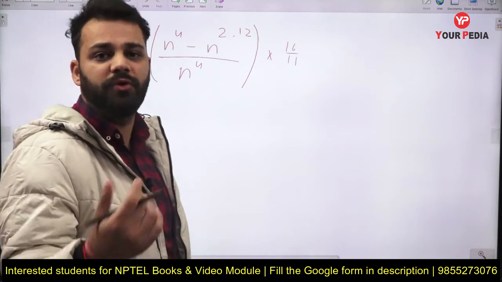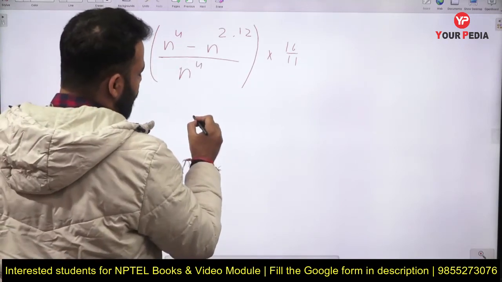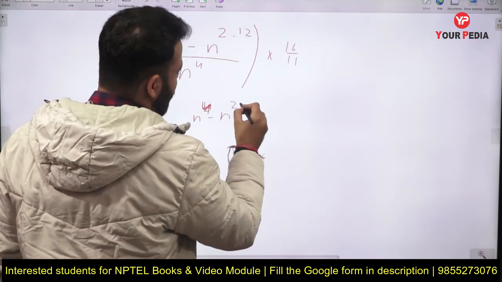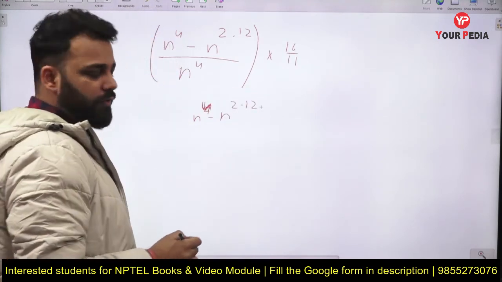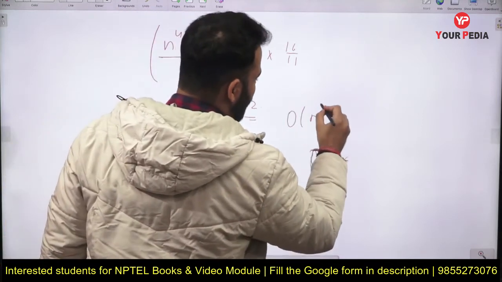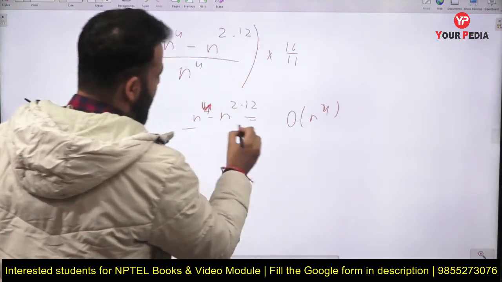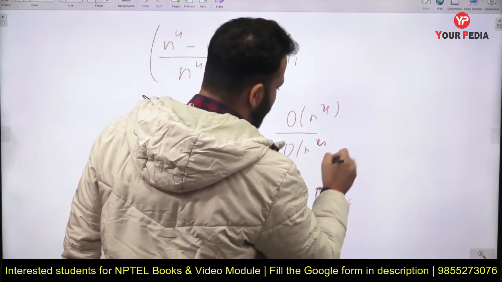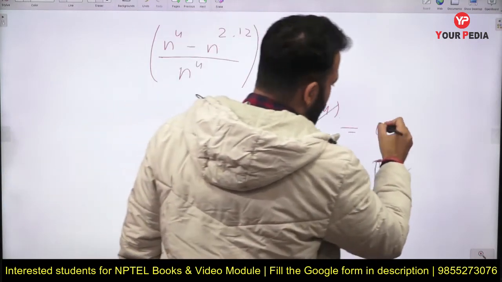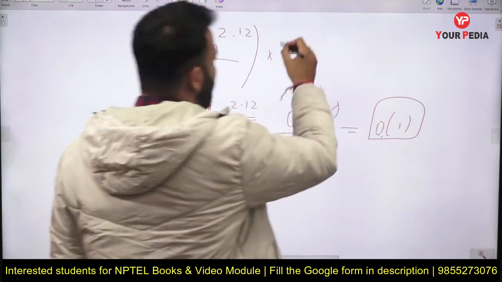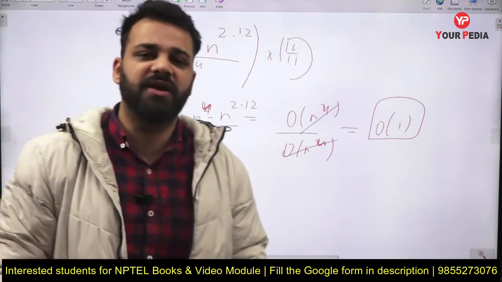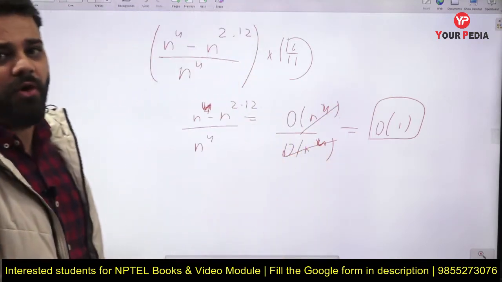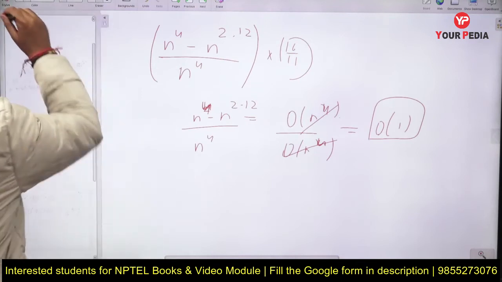So asymptotically n raised to power 4 minus n raised to power 2.32 will be order of n to the 4, and divided by n to the 4, which is also order of n to the 4, will be equal to order of 1, and 16 by 11 is a constant, so it will again remain order of 1. So sum of decreasing GP is always order of 1.